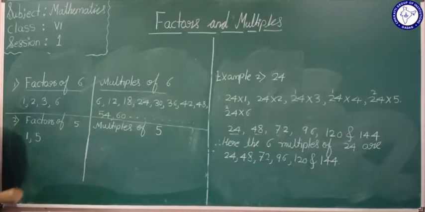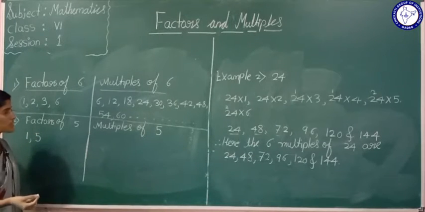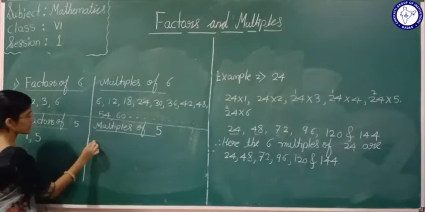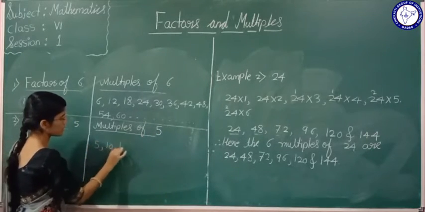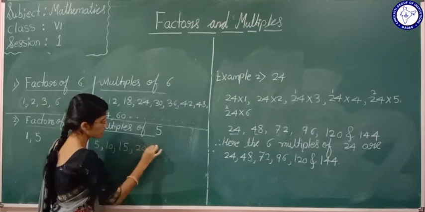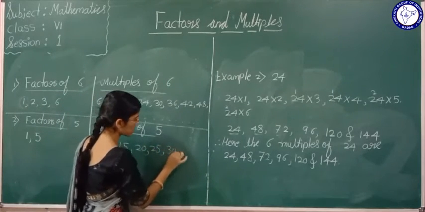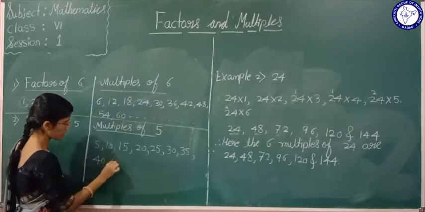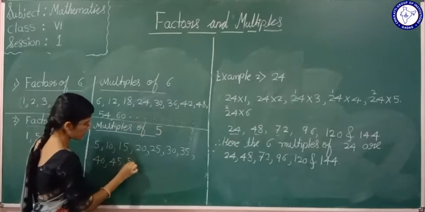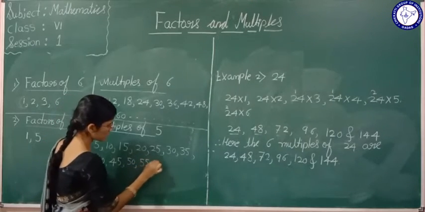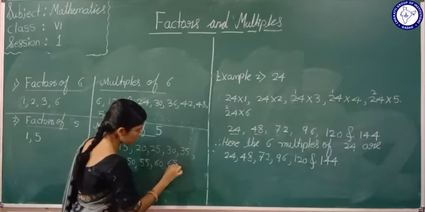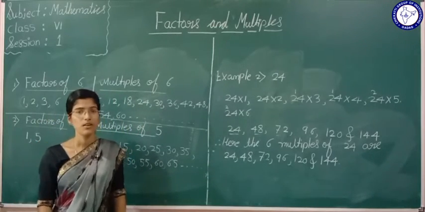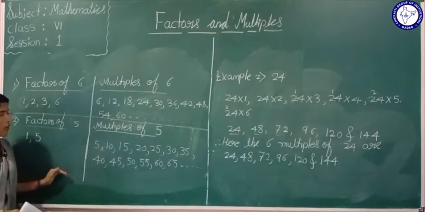Only 1 and 5. What are the multiples of 5? 5, 10, 15, 20, 25, 30, 35, 40, 45, 50, 55, 60, 65. It will go on continuing. It won't end. Now from this, see what you are getting.